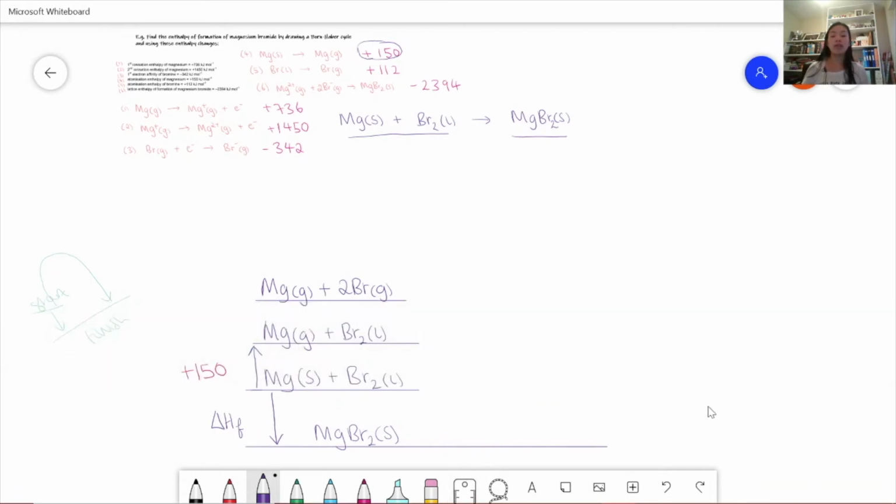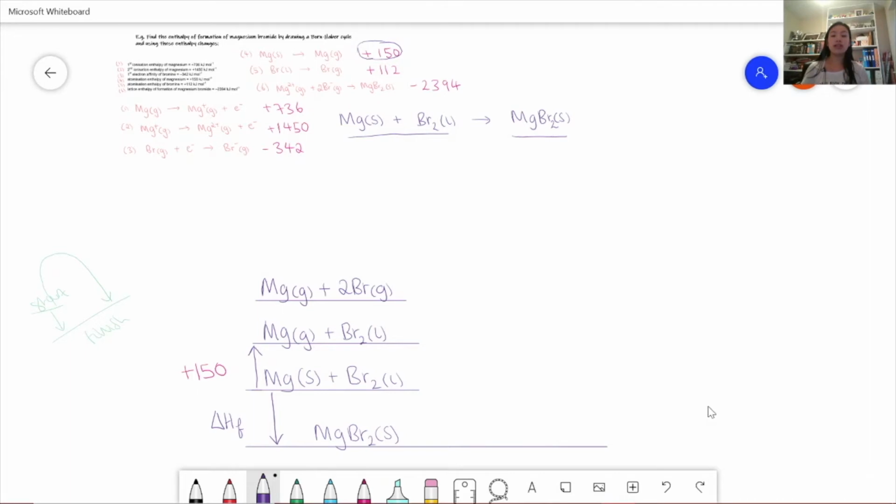So a really important thing to remember here are your definitions for all of the enthalpy changes, because equation 5 that we've written is the atomization enthalpy of bromine. But you need to remember that the definition of atomization enthalpy of bromine is that we're producing one gaseous mole.